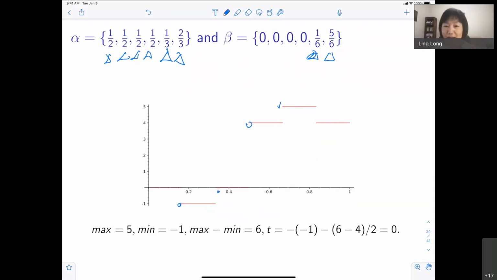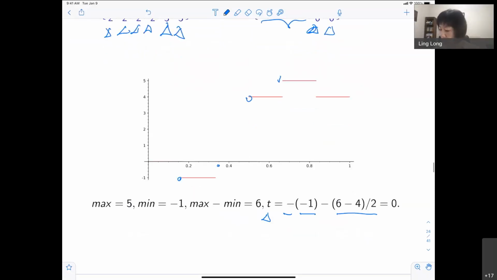And then you go down because you hit 5/6, etc. So in this picture, the maximum will be 5. The minimum is -1. And so when you're computing the adjusting factor, it's going to be the negative of the minimum, which is 1. And another term, which is the Tate twist term, is coming in. It's 6, which is the length, 4 will be 4 integers, and dividing by 2. So I don't need any adjustment factor for this picture over here.